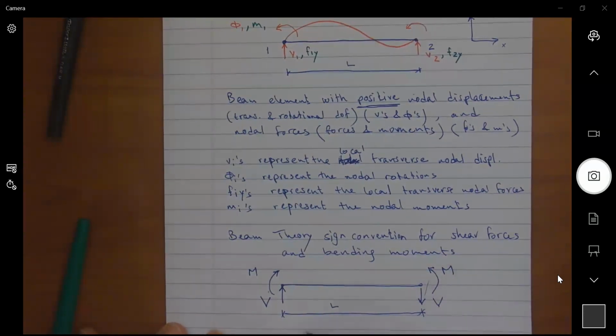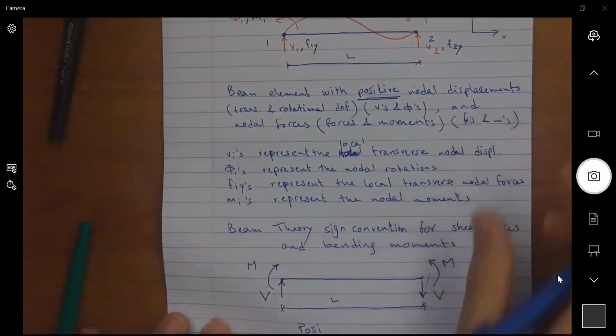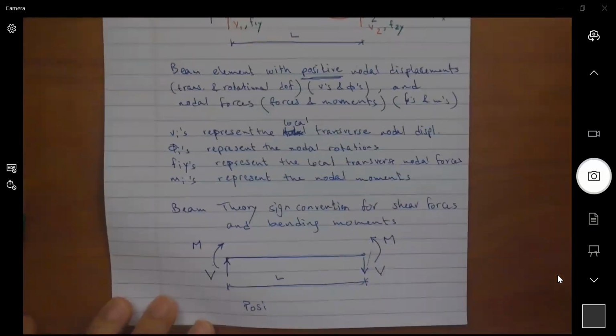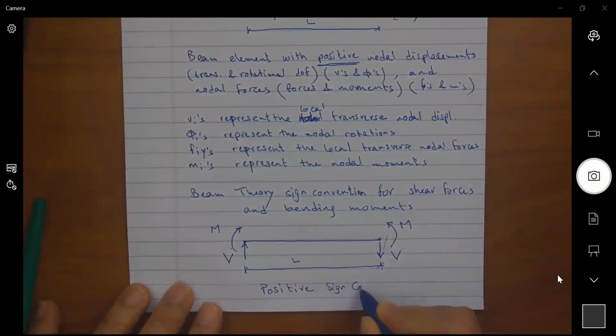So this is the positive sign convention for V and M.